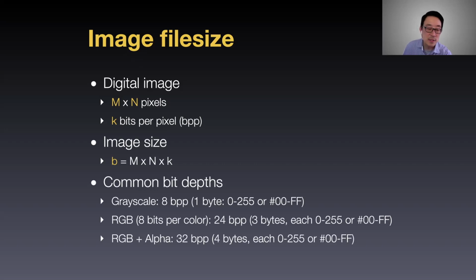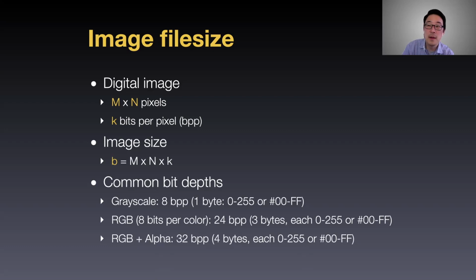And I mentioned this just previously, but usually for grayscale, black and white, or shades of gray, we use 8 bits per pixel. For red, green, and blue, RGB, we have 8 bits per color, so 24 bits in total. And then if you want to add other dimensions, like say a transparency or an alpha channel, which I'll describe in the future, that's another byte or another 8 bits. So now you're up to 32 bits per pixel. It's worth highlighting that, depending on your application, you may be specifying color as a number between 0 and 255, that's 1 byte.